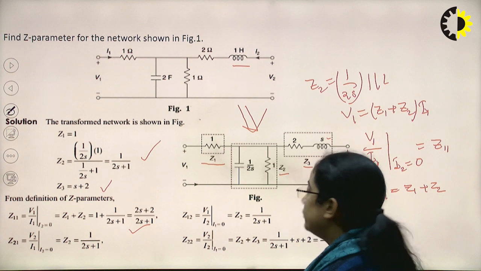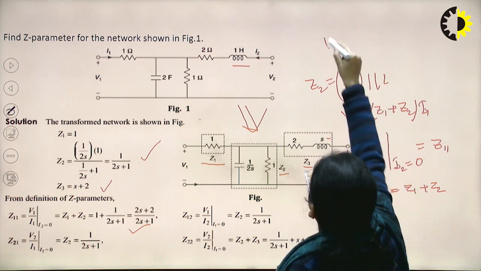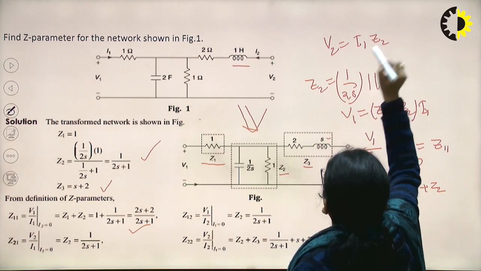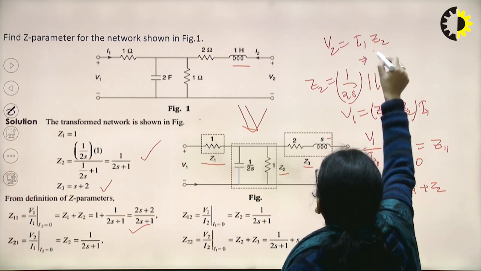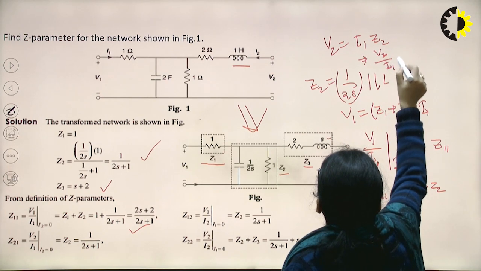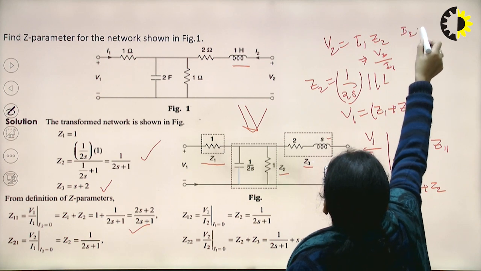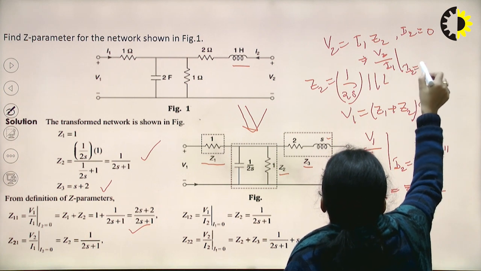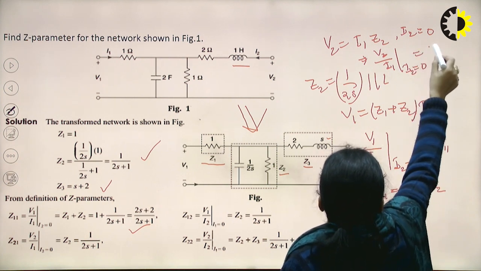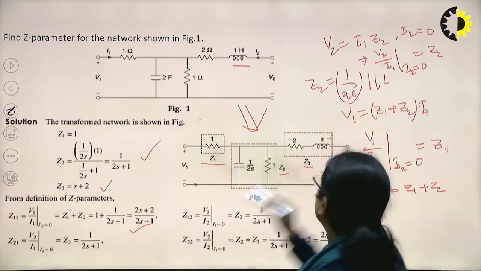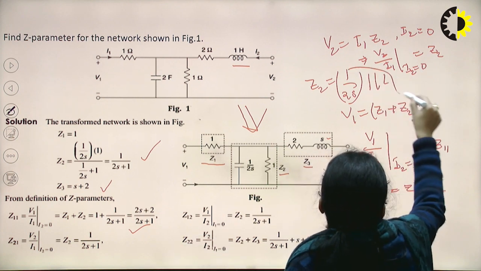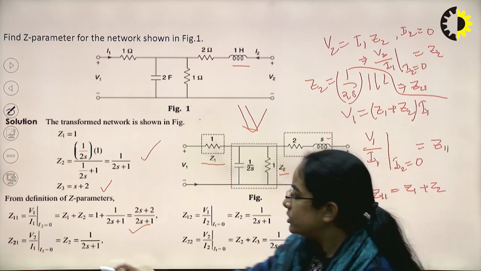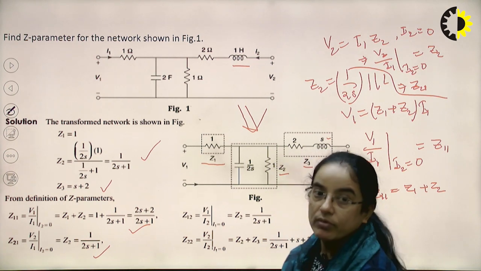So V2 by I1, under the condition that I2 is 0, is Z2, and this value is Z21. So Z21 is Z2 in this case, which is 1 by 2S plus 1.